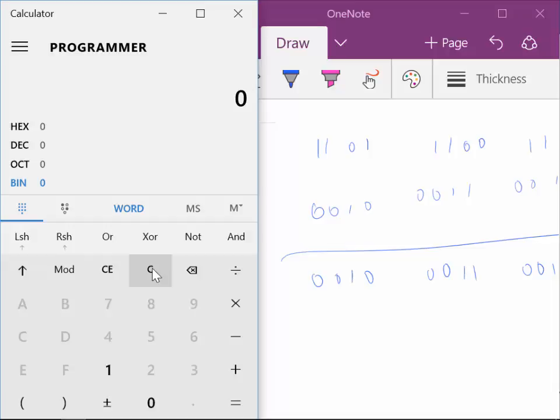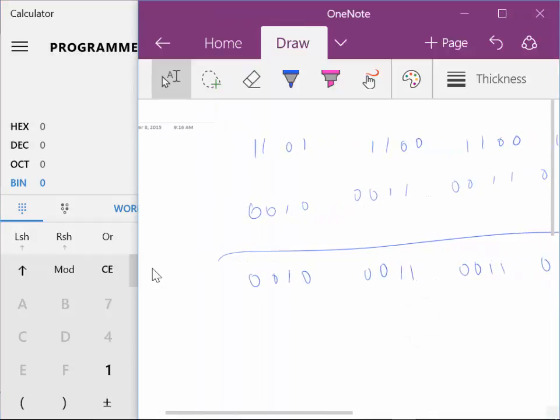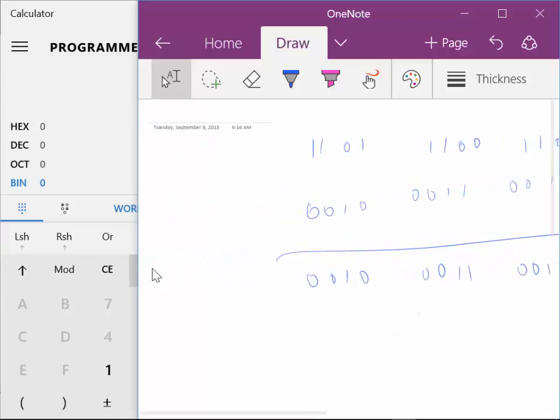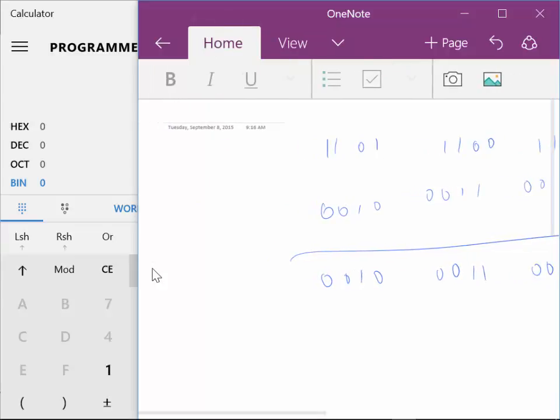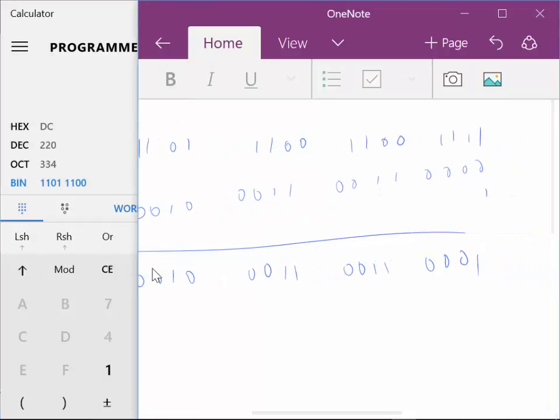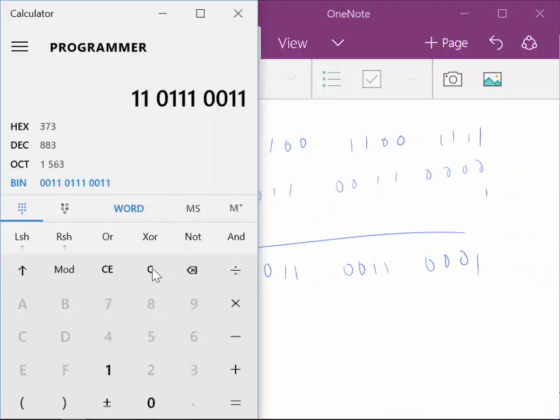The original number was 1101, 1100, 1100, 1 1 1.